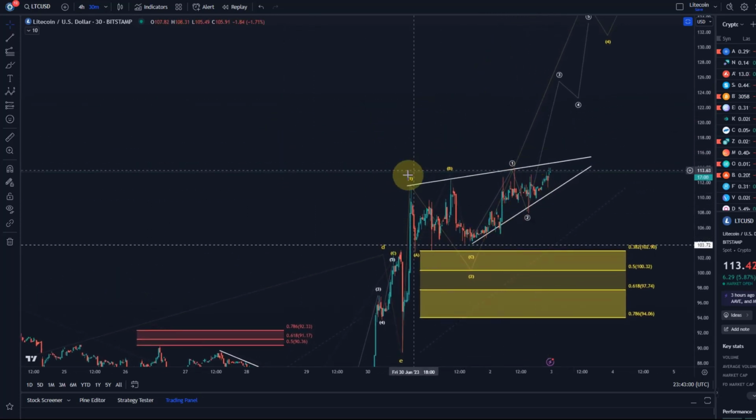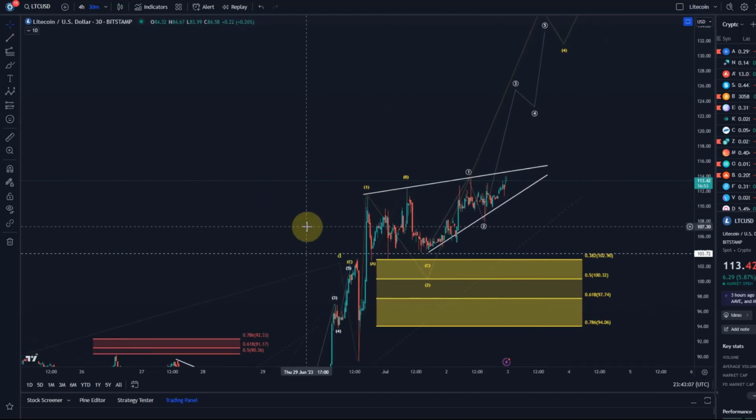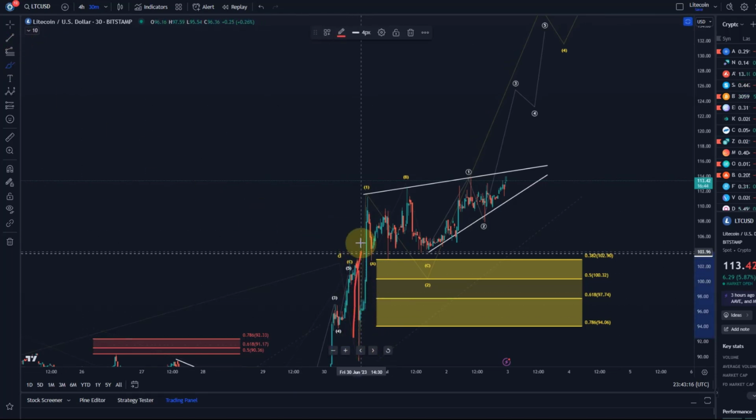I wouldn't really know how this fits in unless, I'm just thinking, but that would be a bit of a weird count unless we really finished a wave 1 here.